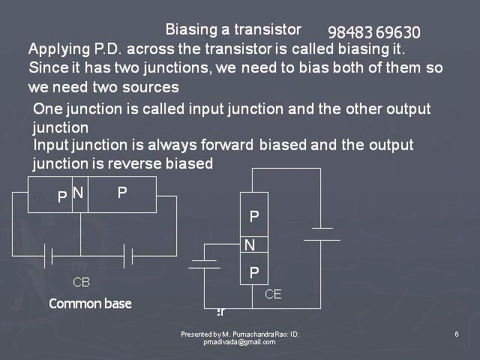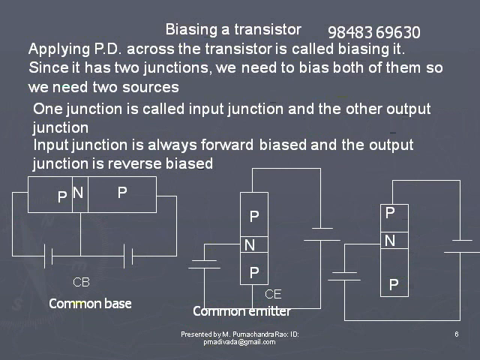Common base configuration means both the biases are connected to the base. In common emitter configuration, we connect both the biases common to the emitter. In common collector, both the biases are connected to the collector.